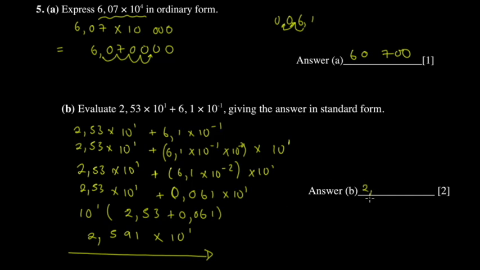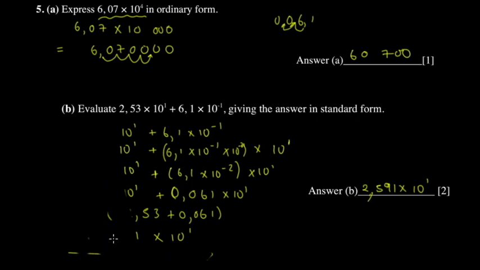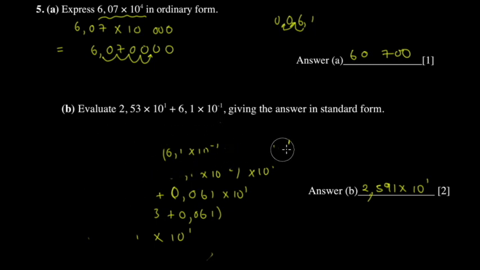So this is how you would do it. This would be the answer. So another way to go about it: here you're matching the powers, and we took the higher power. That's what you take there. So that's what we did.